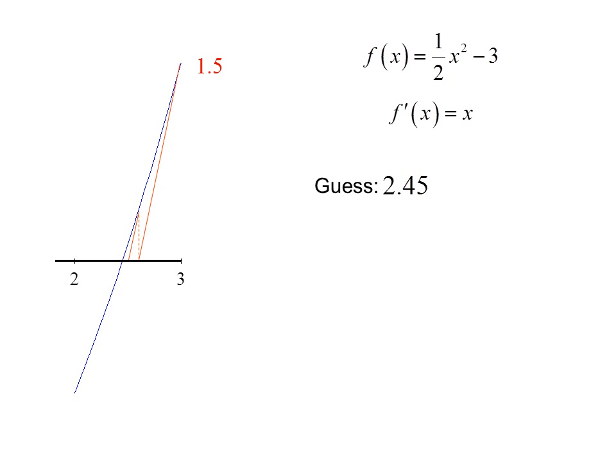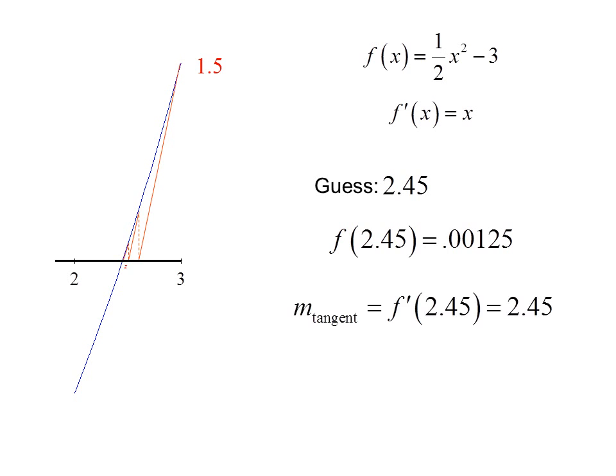So I try the new guess. F of 2.45 is 0.00125, which is getting very close to 0. The slope of this tangent, f prime of 2.45, is 2.45.